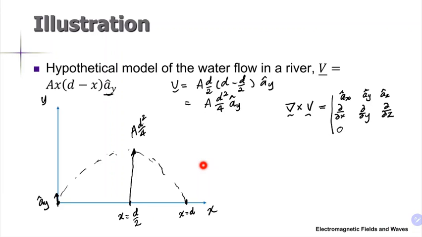The only component is in y, which is A x (d minus x), and then no component in z. So you can solve this curl. This curl will be equal to, with del y del z, A x (d minus x), and then this will be 0.